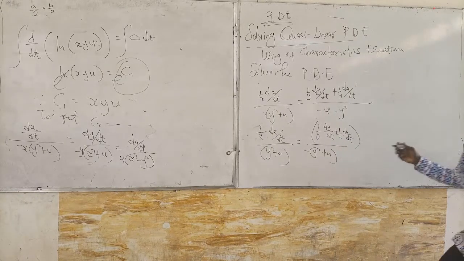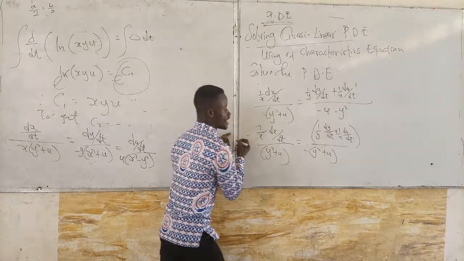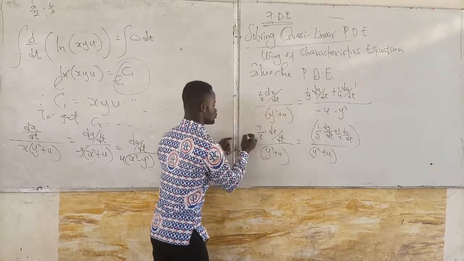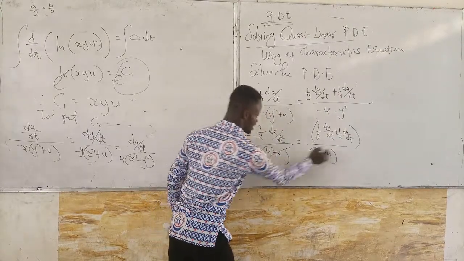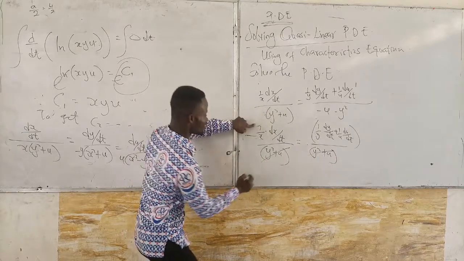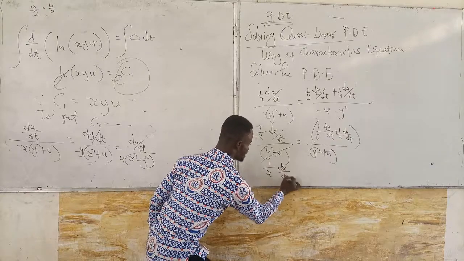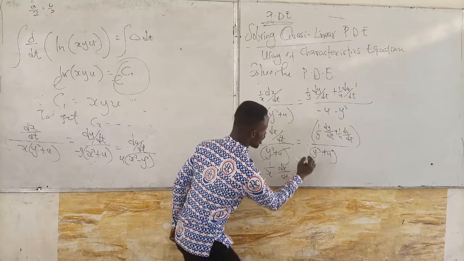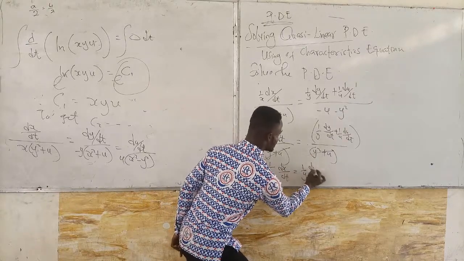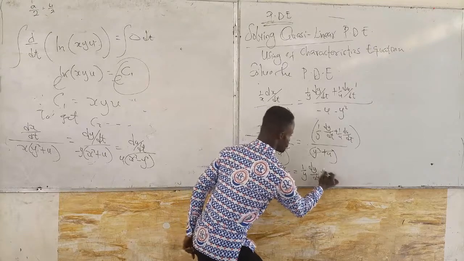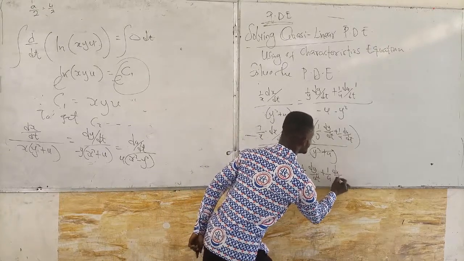Now I hope you know that from here, yes, we can negate both sides. This negative will come to this side, all right. This and this will cancel, all right. So we are going to write 1 over x dx dt is equal to 1 over y dy dt plus 1 over u du dt.